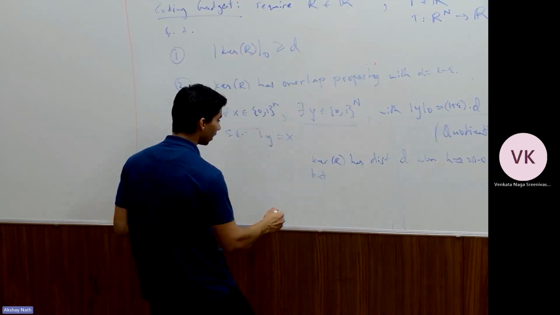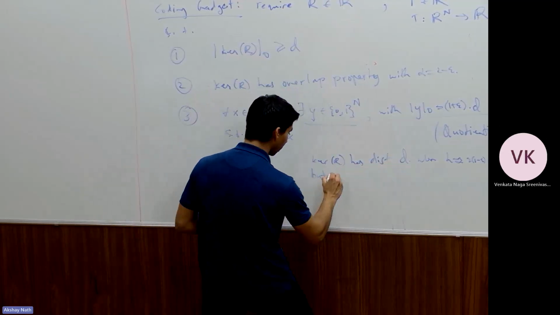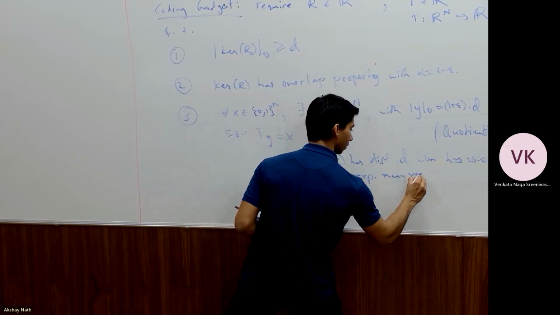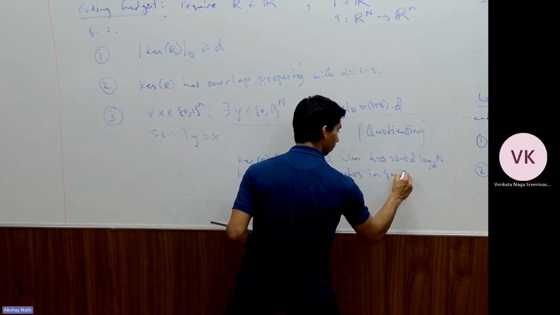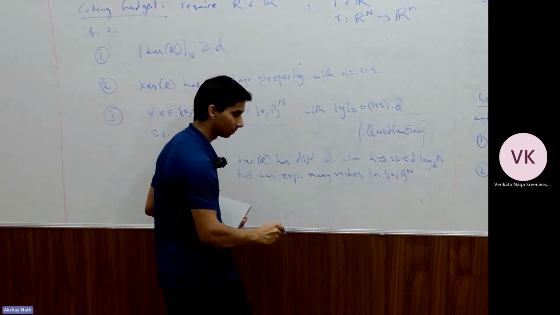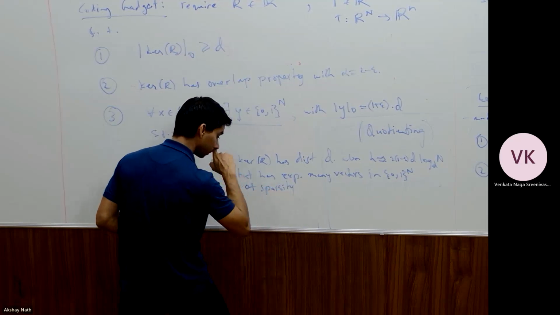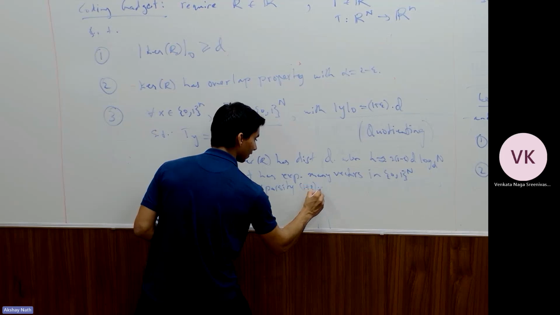Okay, so it has no vectors of sparsity d minus 1, but has exponentially many vectors in even 0, 1 to the capital N of sparsity 1 plus epsilon times d.